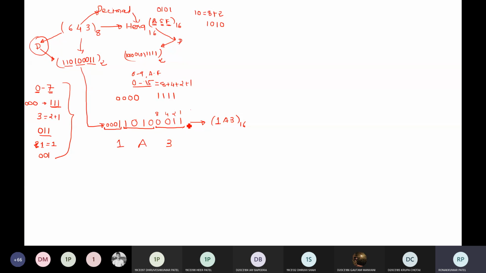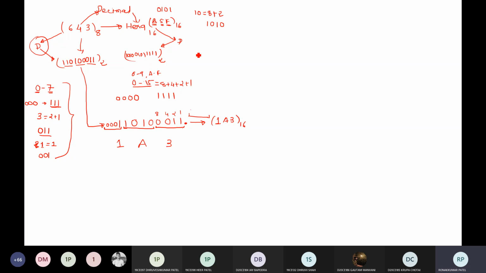If you have a fraction number, with a dot and then digits, make groups like this, starting from the point. Got it? Now converting hexadecimal to octal has become easy, right?